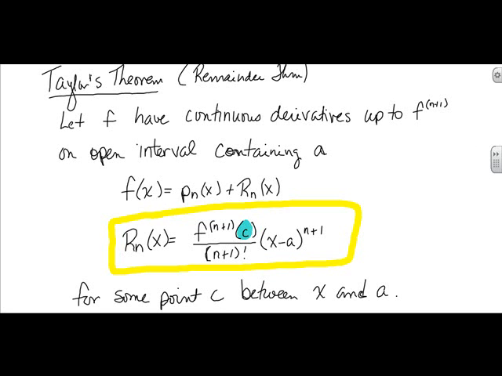So that's the coefficient of the term. And then you're going to have x minus a to the n plus 1 power. That is the remainder. Absolute value of that would be the error. Okay, and this is going to be true for some point c between the value of x that you're approximating and the value of a that's the center of your polynomial.